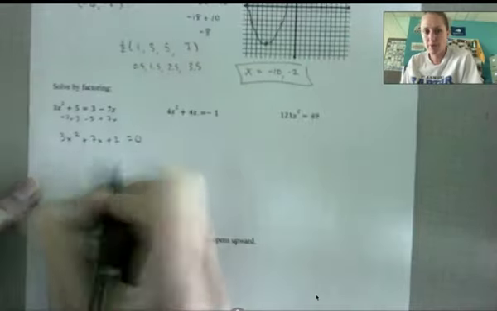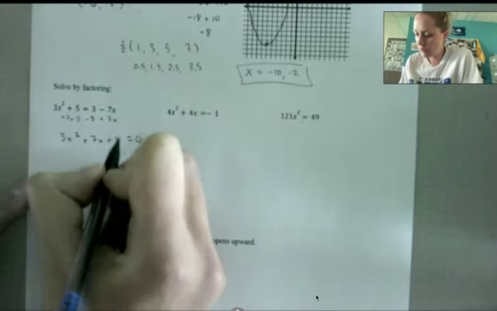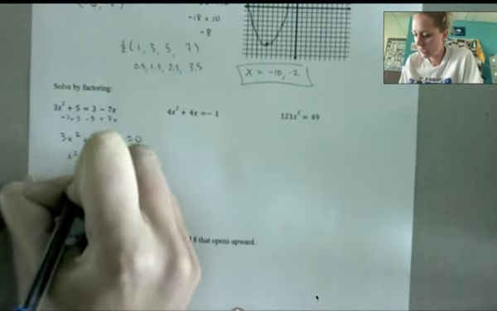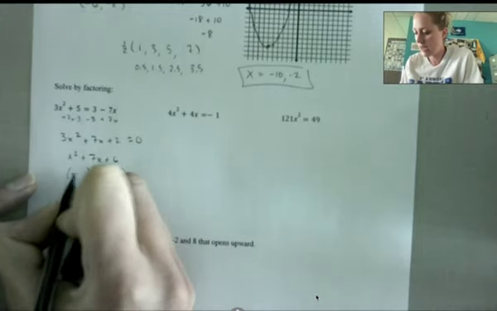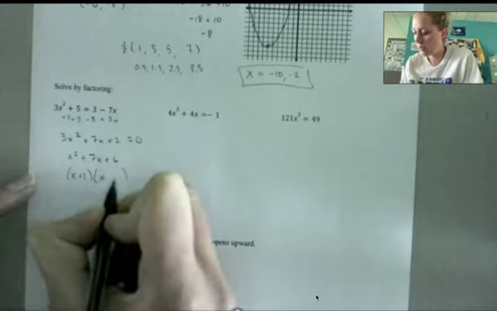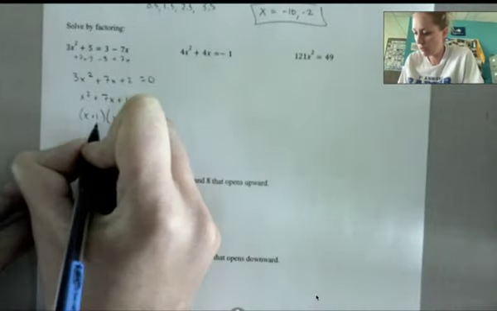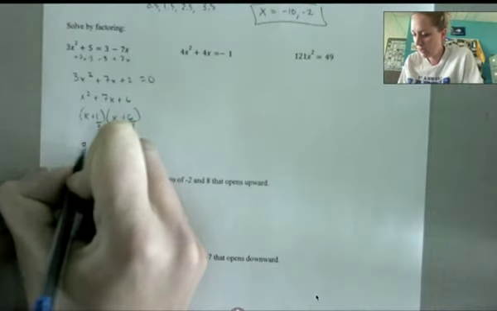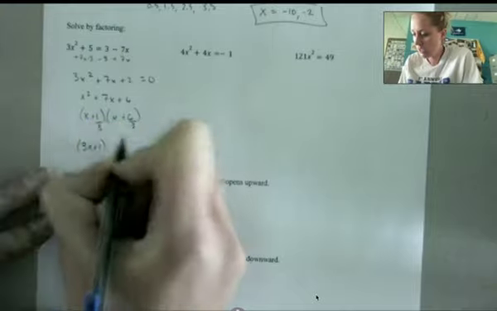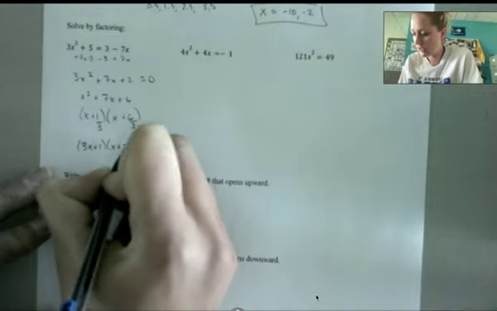All right, so factor, a is not 1, so I'm going to do 3 times 2 and get 6. So now I want numbers that multiply together to be 6, that add up to be 7, which are 1 and 6. Since our leading coefficient was not 1, we're going to reduce and bottoms up with the 3. So bottoms up there. And that reduces to just a nice whole number 2.